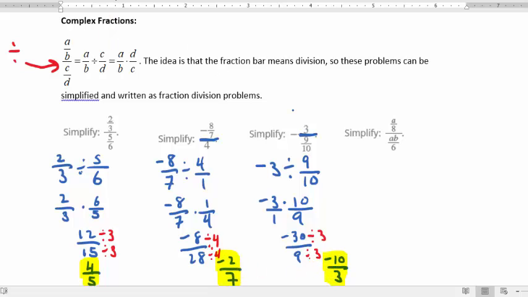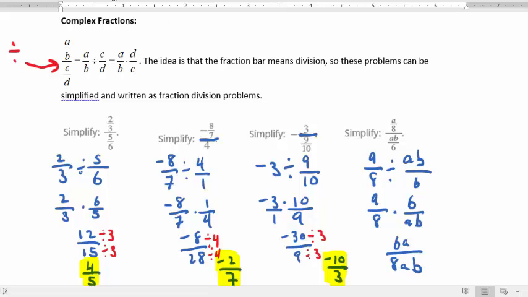And then the last one just involves variables, but it's the same idea, right? A over 8 divided by AB over 6. And then we do keep change flip. A over 8 times 6 over AB. And then brute force, A times 6 is 6A. 8 times AB is 8AB.